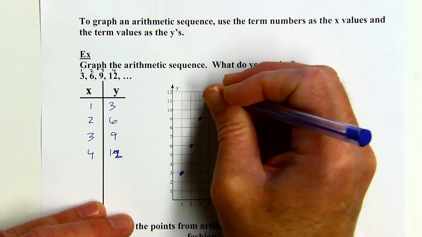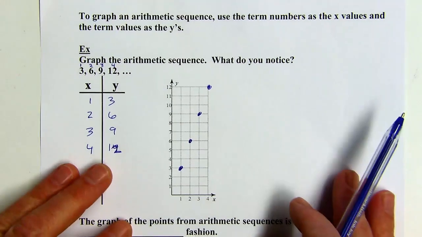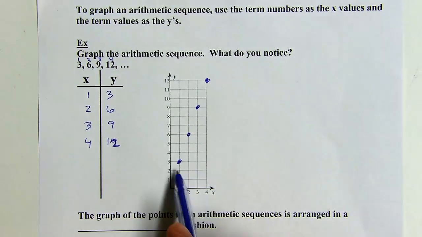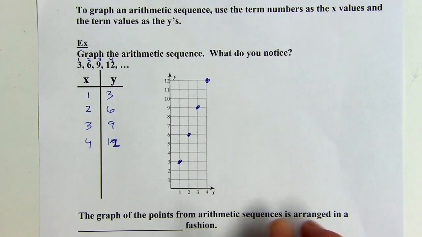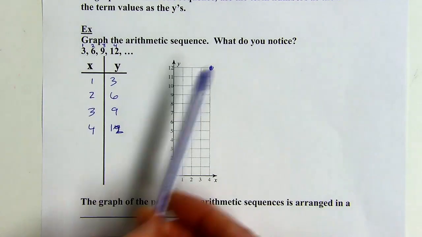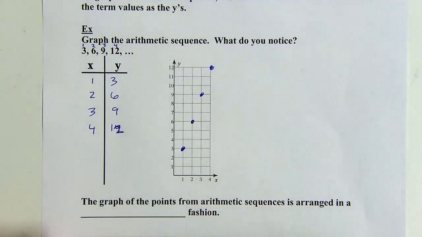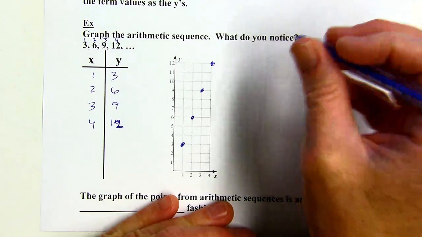Okay, now it's tempting to connect the dots and draw a line that connects those, but we're just plotting the points themselves. We're not going to connect them with a line, okay? But you might notice a pattern there, and those do all line up in a straight line, okay? So when it says, what do you notice? They're lined up in a straight line.